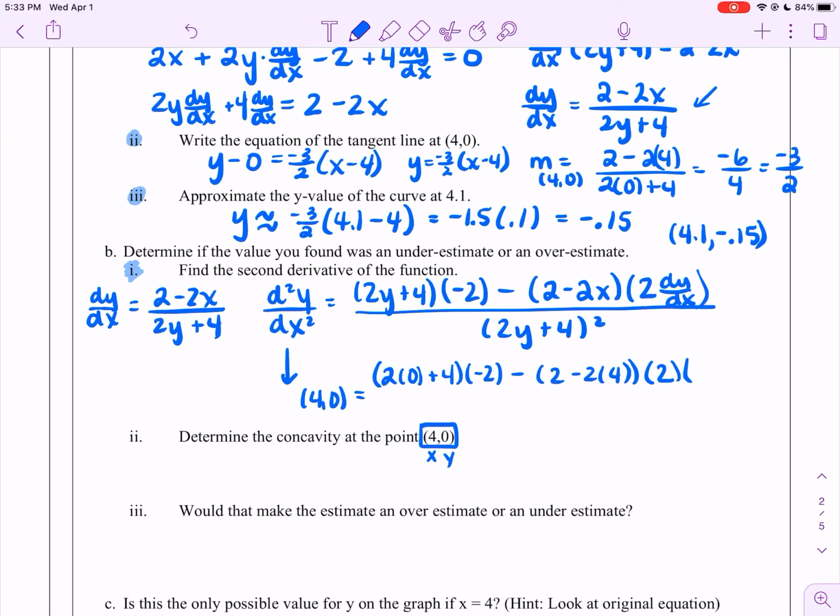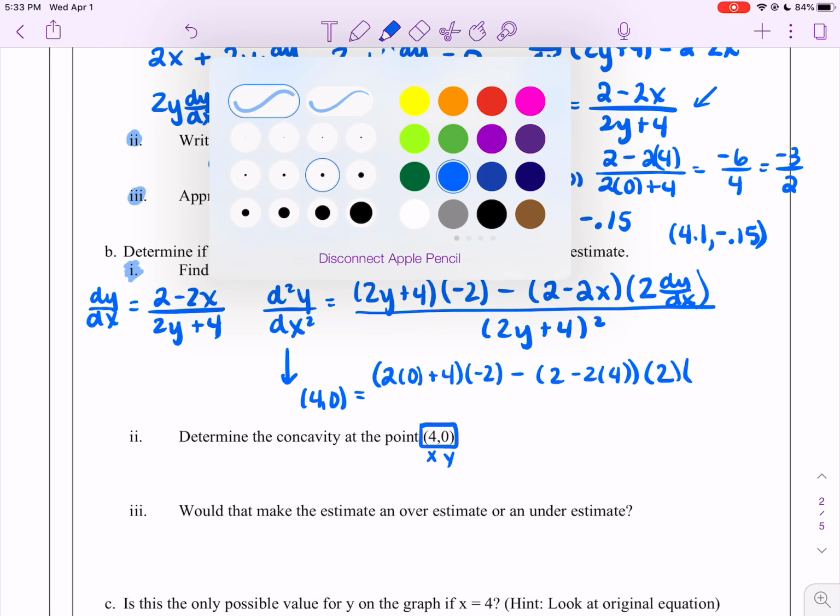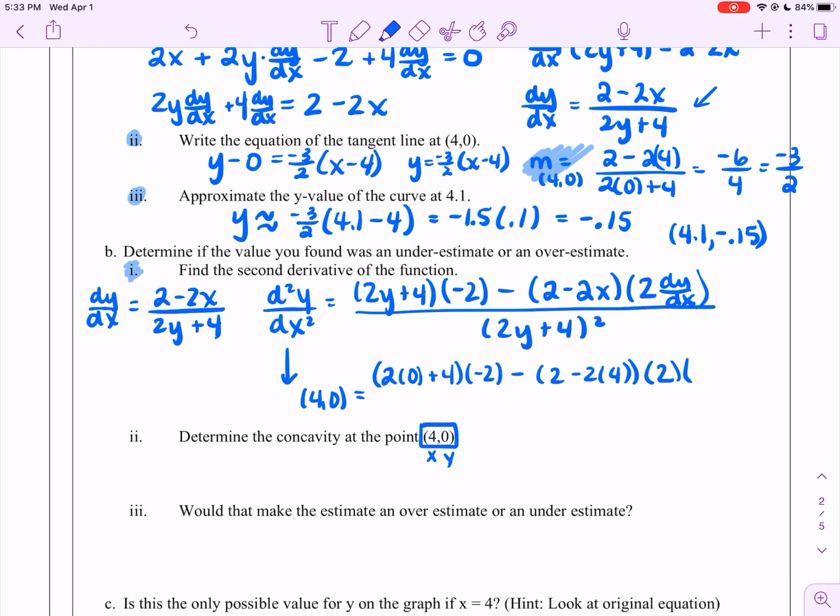If you remember, we actually did that before, right up here. We already found the derivative at that point, which is negative 3 over 2, and we can substitute it right into the second derivative. So that'll be negative 3 over 2, all over (2 times 0 plus 4) squared.